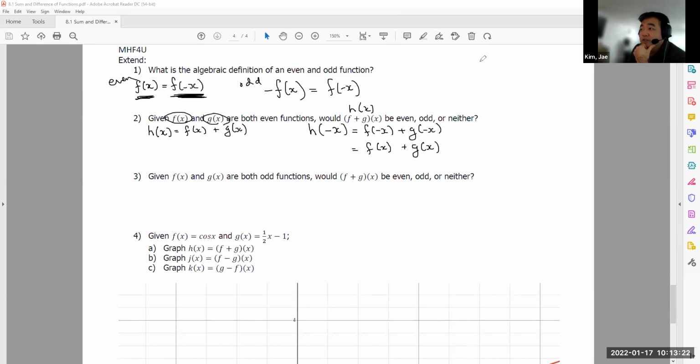And all of a sudden, I have shown that whether I plug in negative x or a positive x, I get the same function. Therefore, the resulting sum of the functions is also going to be an even function.